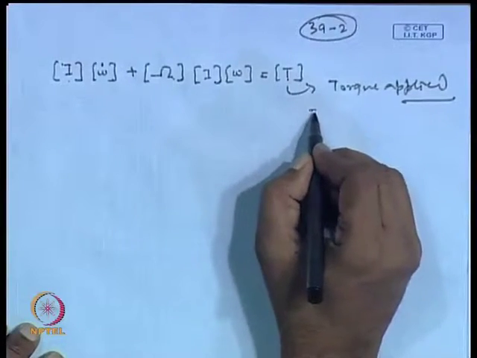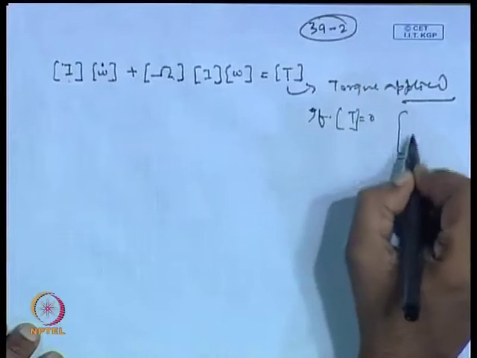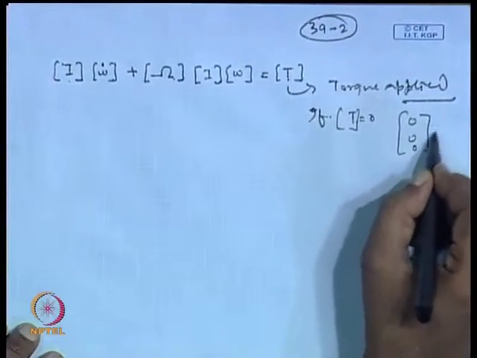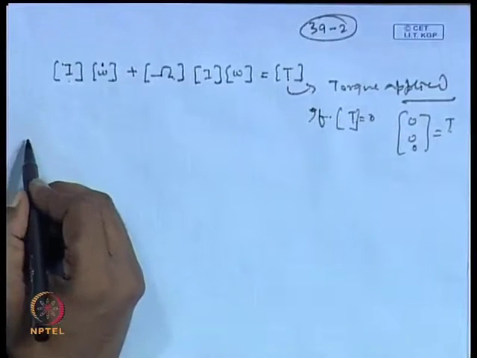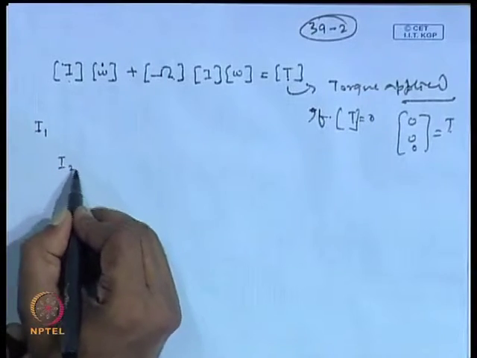If T is equal to 0, it means all the elements in this are 0. Therefore, writing in expanded notation, I1, I2, I3.